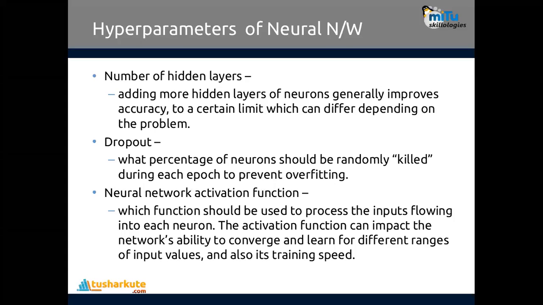So first is the number of hidden layers. Adding more hidden layers of neurons generally improves accuracy up to a certain limit. This is very important, and it is my observation from when I used to teach neural networks. Students used to try 10, then 20, 30, then 100, 200. As we go on increasing it, it will not increase the accuracy.